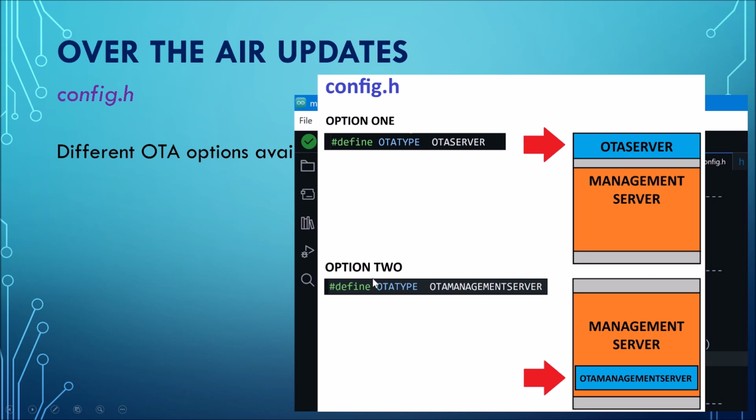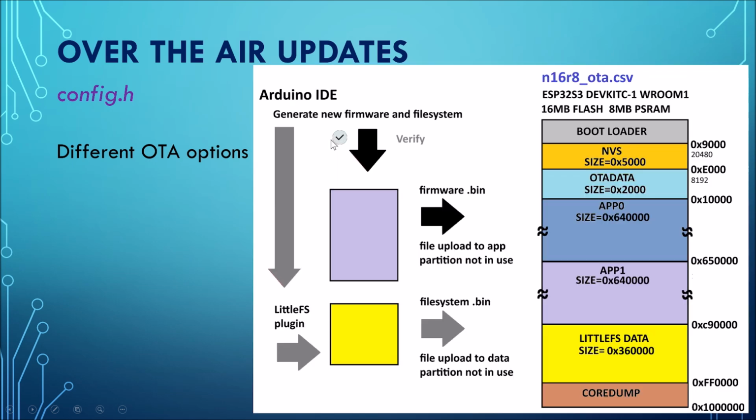But under option 2, where you use OTA management server, you can see that it's embedded within the management server. So if you don't have the management server running, then there's no way you can access that particular OTA function there. To generate the firmware.bin file, we click the verify button.